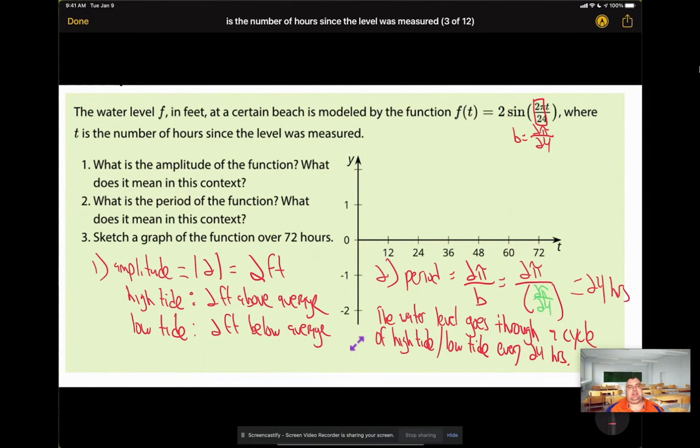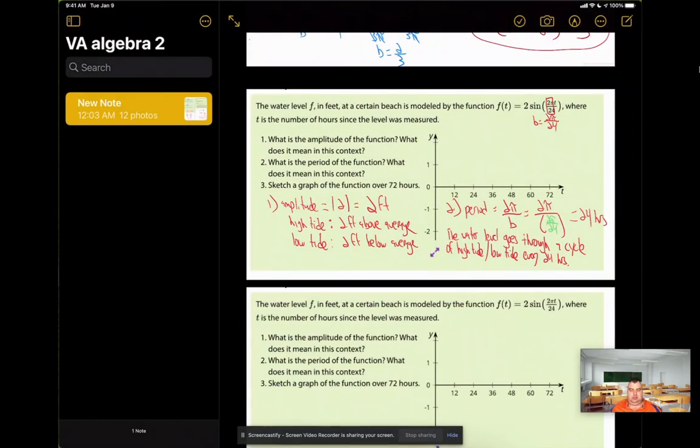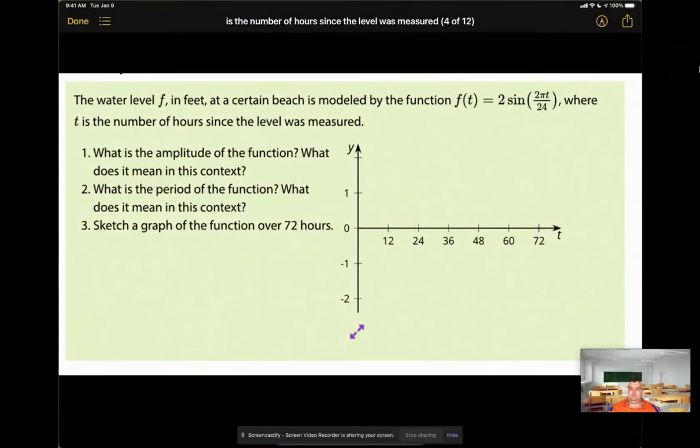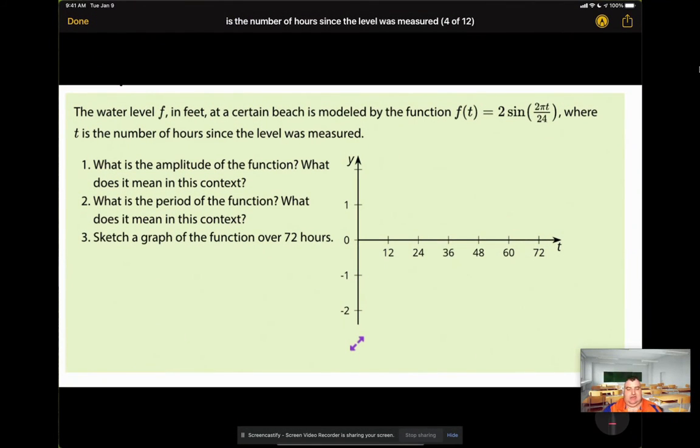Number 3, sketch a graph of the function over 72 hours. So 72 hours is 3 days. Okay. So if I were to sketch this, okay, I know that it would start and end at 24, right?